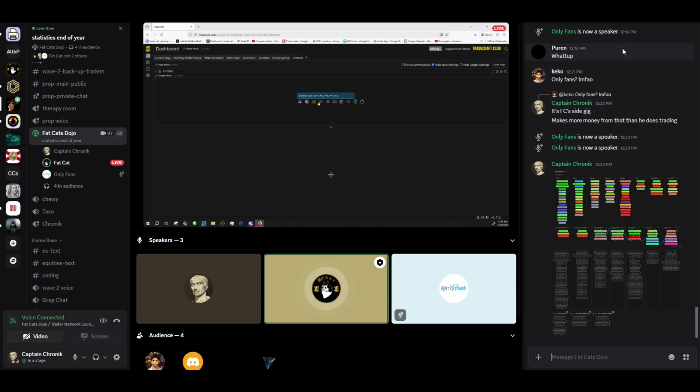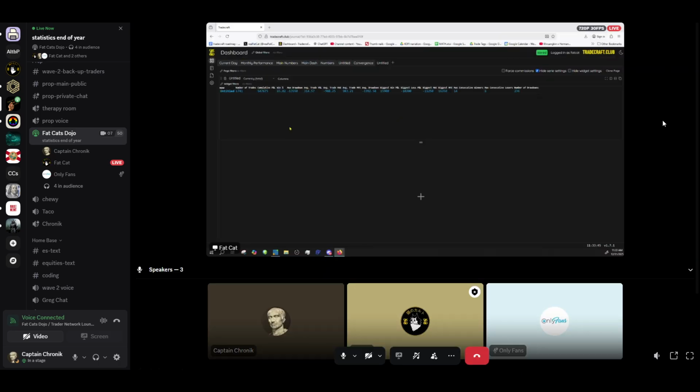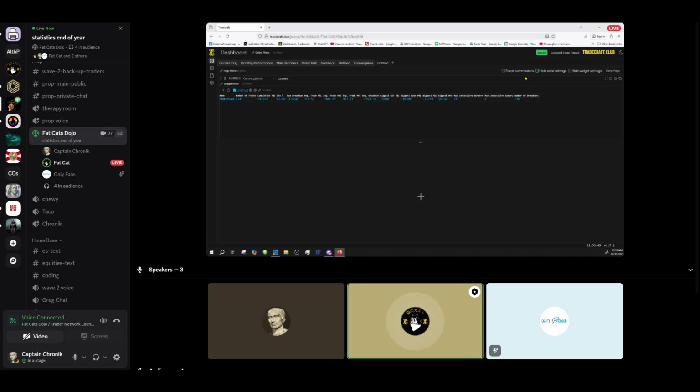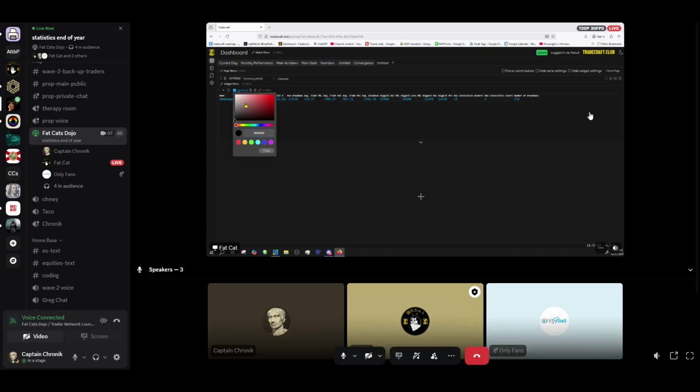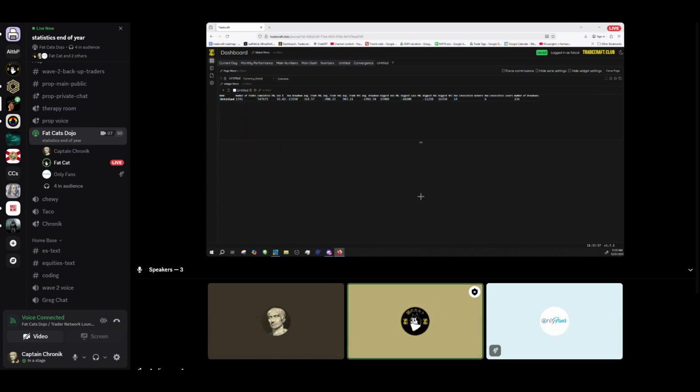Do your number widget for now until this is fixed. Make sure your series setting is unhidden, and make this white. And then you're gonna label this widget the technicals.